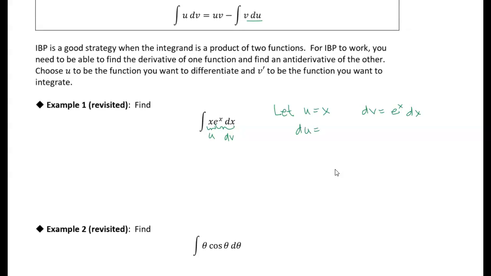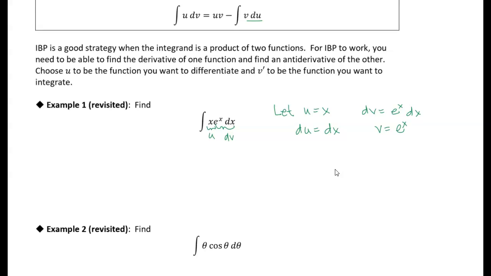So du is equal to dx. And then we can find v by integrating both sides of this dv equation. So v is equal to the integral of e to the x dx, which is just e to the x. Now we're just going to put it in our formula.